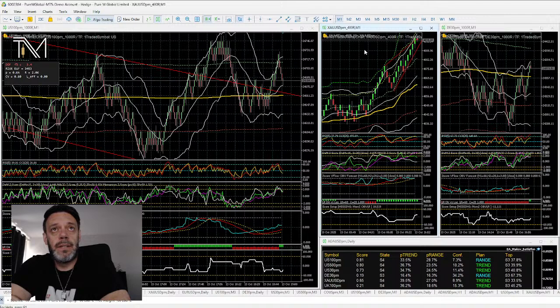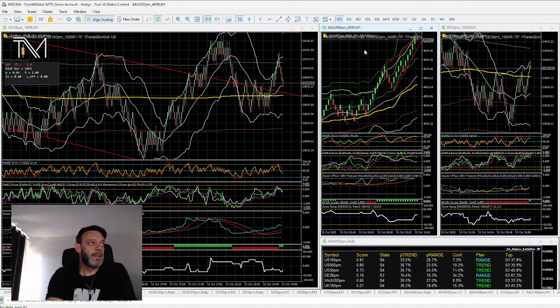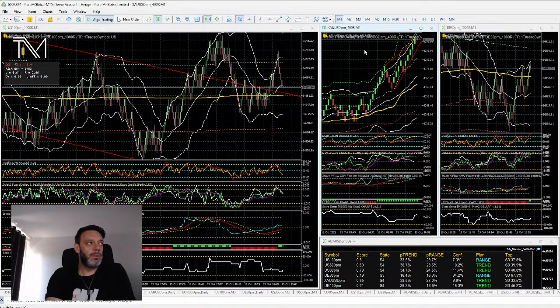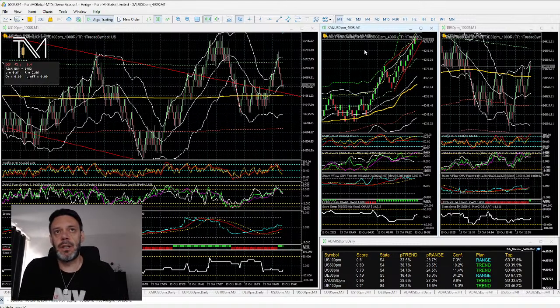And now they are failing everything. I guess if they will try to rise above the resistance and the top they set today, maybe we have to expect it in the last couple of hours of the session.